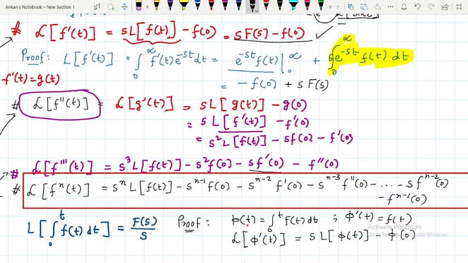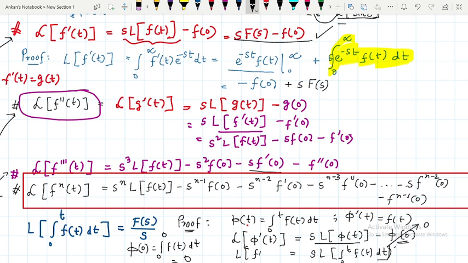Now what is the value of phi(0)? Phi(0) simply means the integral from 0 to 0 of f(t) dt, where no area is covered, so it results in 0. This gives s times the Laplace transform of the integral from 0 to t of f(t) dt, and this equals the Laplace transform of f(t), since phi prime(t) is f(t).